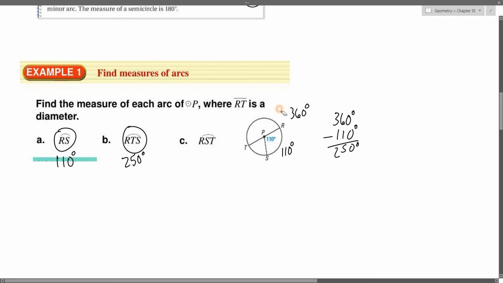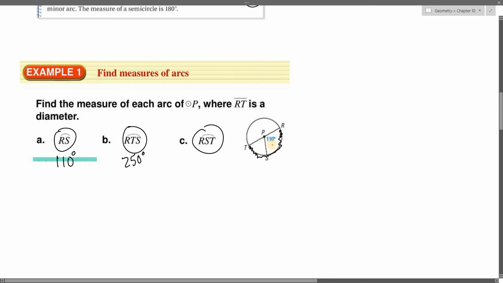So let's clean this up a little bit and we'll hit a little bit more of the examples. All right, so we're looking at arc RST. Notice I start here when I start drawing it. RST is going to start at R, go past S, and it's going to terminate at T. And so I'm looking at kind of this semicircle.